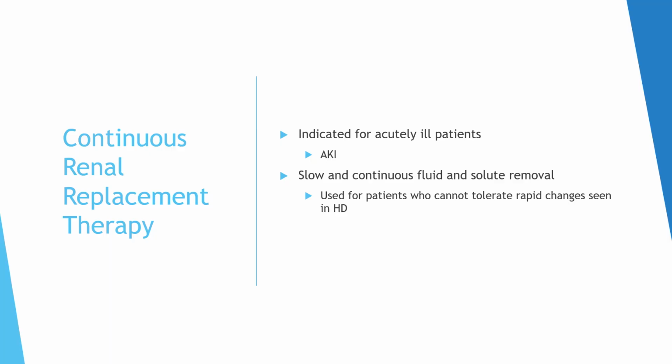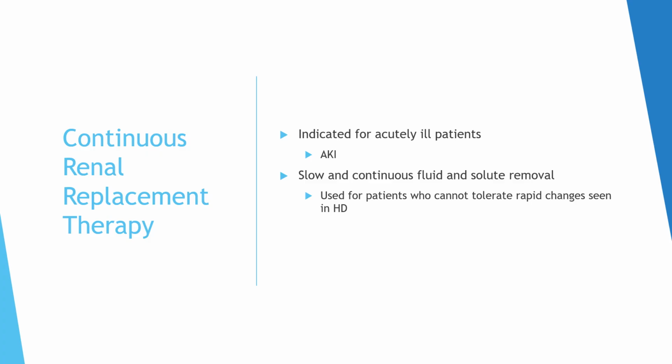And then CRRT. CRRT is continuous renal replacement therapy. We can use this in acutely ill patients. A patient on CRRT is in the ICU. You are monitoring their hourly output to the half of a mil sometimes. We're also managing their electrolytes every 2 to 4 hours, depending on how sick they are.